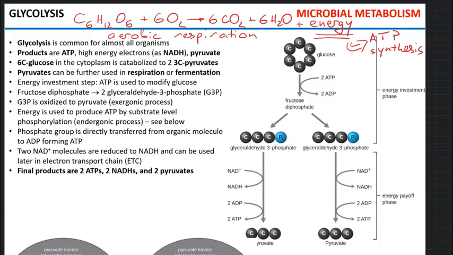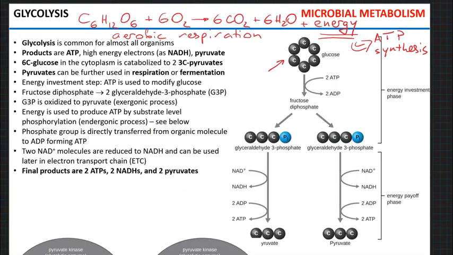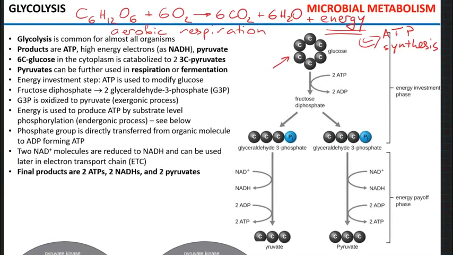And our main goal will be to count the number of carbons in each intermediate. We're going to start the glucose. So the molecule of glucose, how many carbons does it have, folks? 6. So we start with 6 carbons.